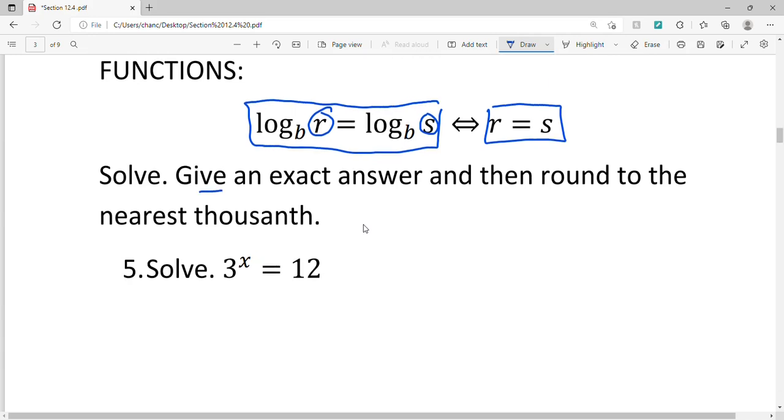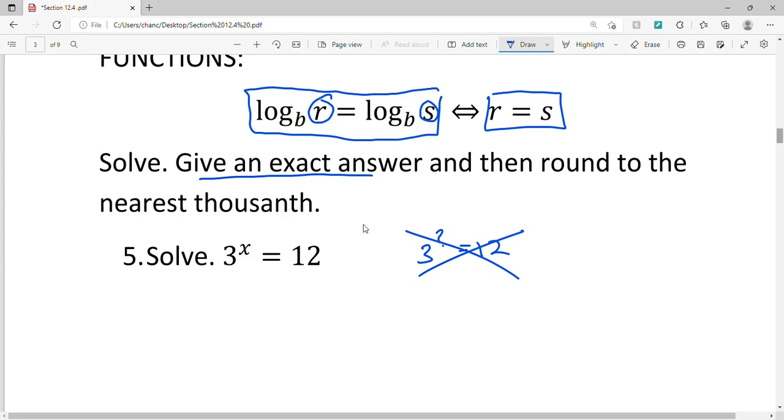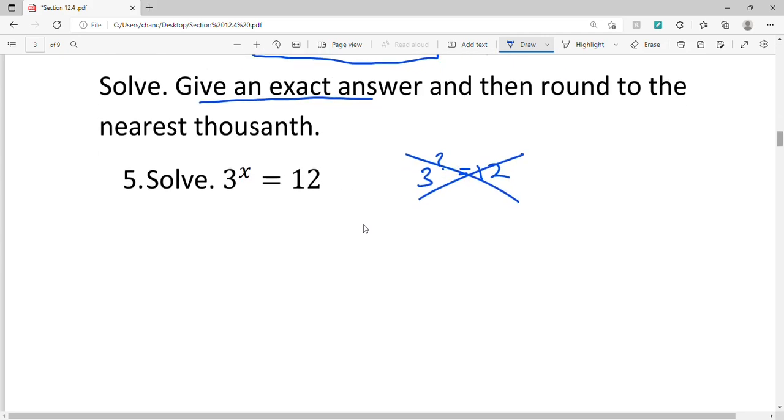It says give an exact answer and then round to the nearest thousandths. We want to solve 3 raised to x is equal to 12. Now I want to get the same base, but you'll quickly realize 3 to what power gives you 12 is not really doable without a calculator. And it's very difficult even with a calculator.